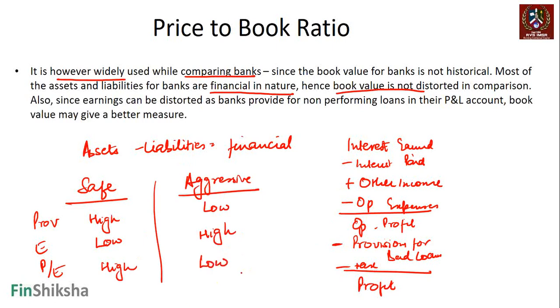So by our technical definition of relative valuation, you should invest in the low PE asset, but you will miss out the safer bank, the more conservative bank, in the process. So in the banking sector, because earnings can get distorted as banks make provisions for non-performing loans, book value might give you a better estimate in the case of banks. So that's why book value becomes an important indicator. Price to book ratio becomes an important indicator while evaluating banks.